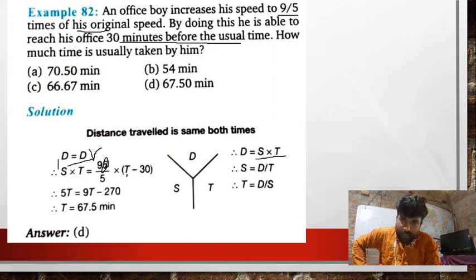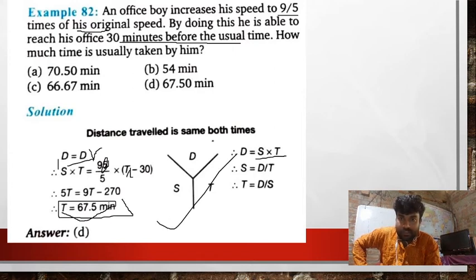So t is the actual time, and before means minus, and 9 by 5 times the speed, we multiply. From this equation we can find the actual t. Here the answer is d.